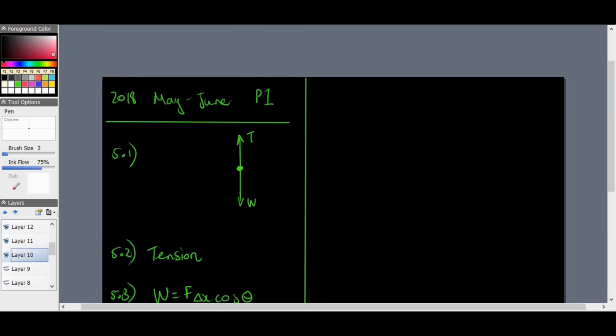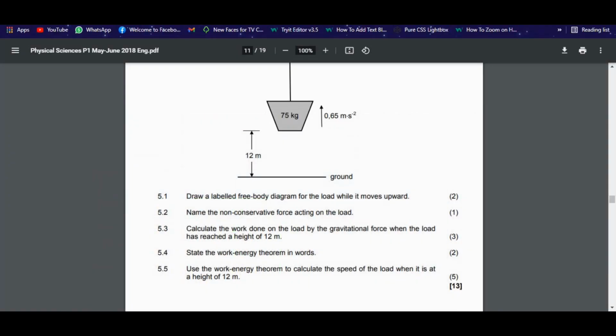5.4 was, of course, state the work energy theorem in words, which is basically the net work done on an object is equal to the object's change in kinetic energy. That was pretty basic. And then 5.5, I can't remember the question, so I'm going to read it.